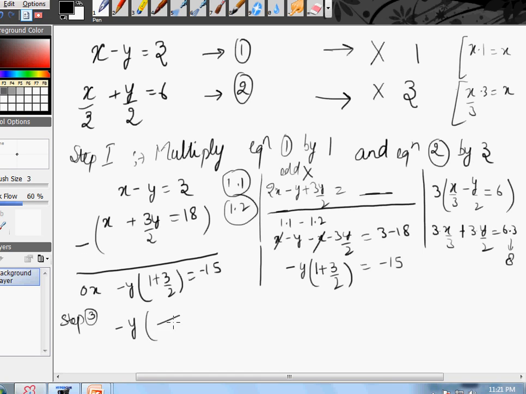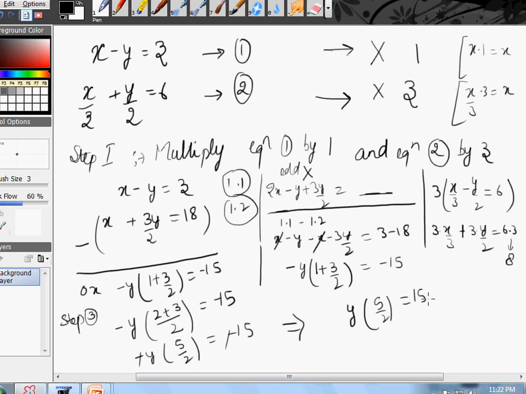Taking LCM as 2, we are left with minus y into 2 plus 3 over 2 equals minus 15, that is minus y into 5 over 2 equals minus 15, which implies that the negatives from both sides get cancelled and we are left with y into 5 by 2 equals 15.